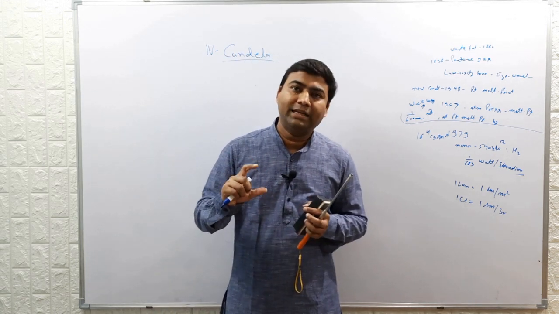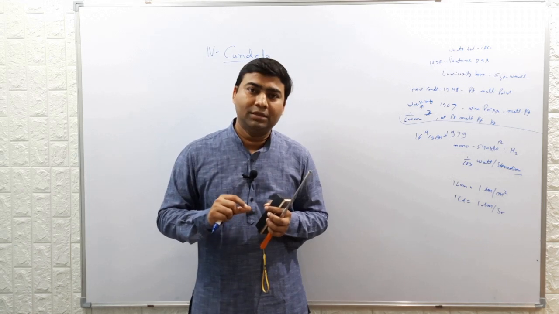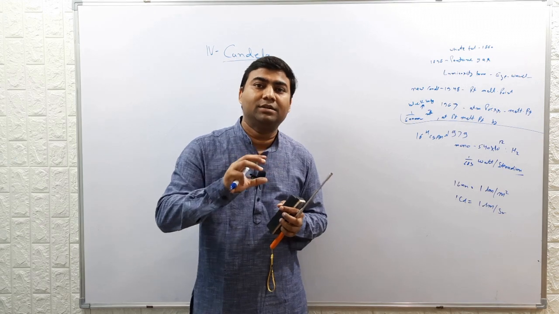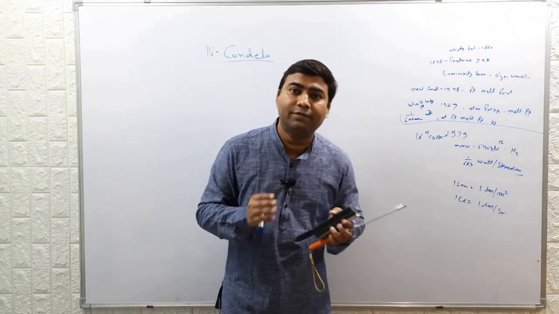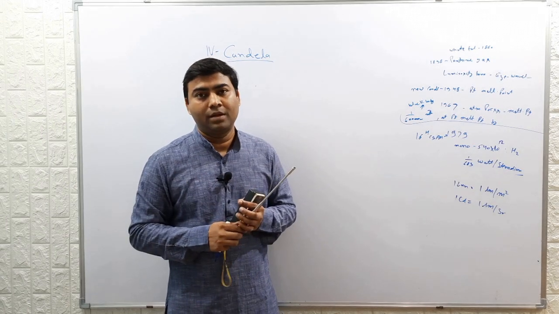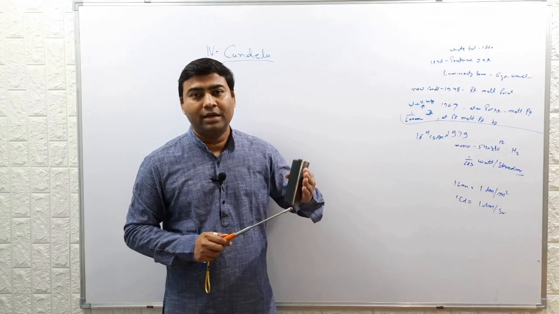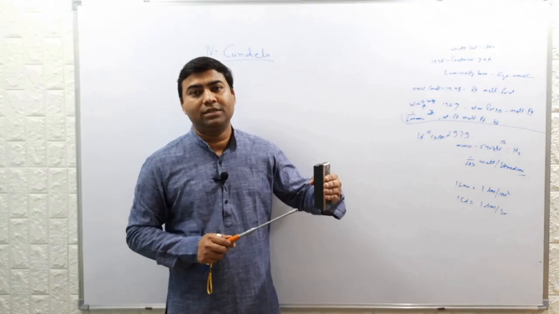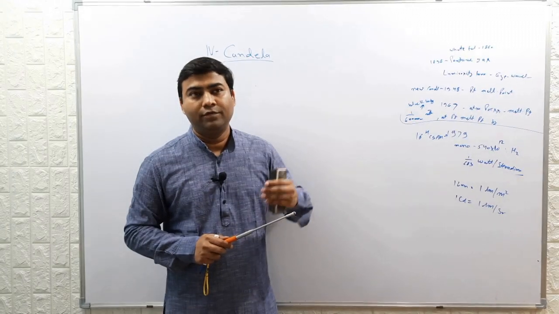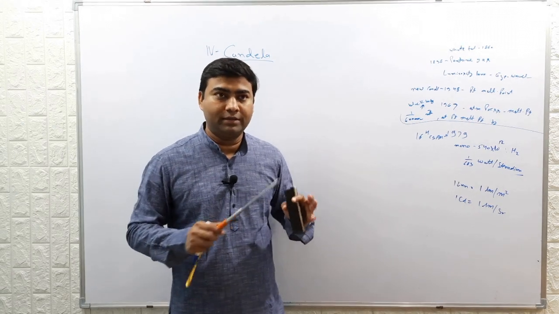At that temperature, the luminous intensity of a black body radiating surface was assumed as 1 candela. Again repeating, a black body radiation at the temperature equal to the melting point of platinum metal was assumed to be 1 candela in 1948.